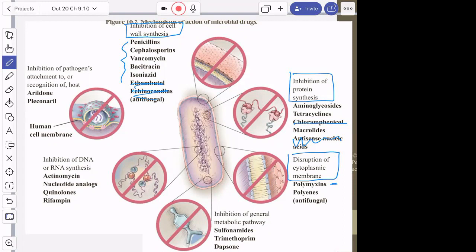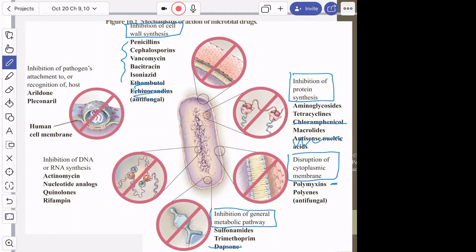We can't ingest them because they're just too toxic to us. An example of a drug that inhibits some metabolic pathway that we don't have is how the sulfa drugs work. So we're going to look at that in more detail a little bit later. I'm not familiar with dapsone. It might be an antifungal, I'm not sure.